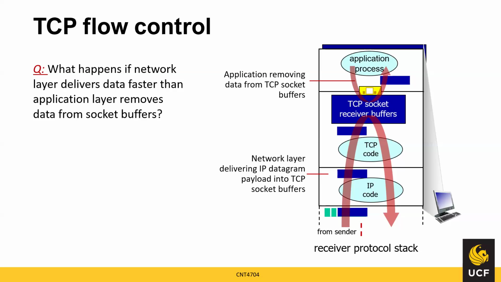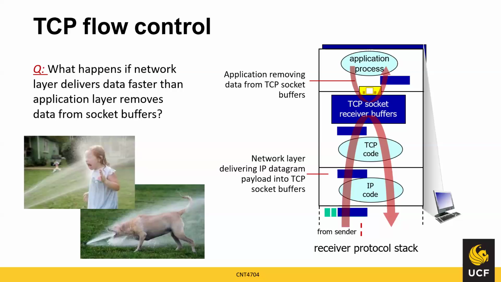If this happens, the receiver buffer would fill up, and this can lead to data being lost or transmissions not being utilized properly. This is why we use flow control: we make sure that the sender has a rate of transmission that stays in sync with how quickly the receiver can receive or process the data. So it has to be kind of synced.